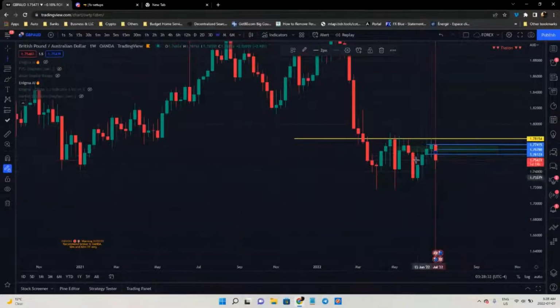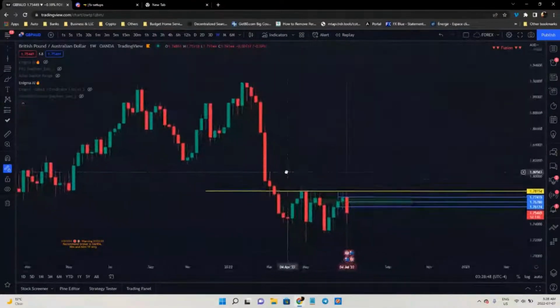But when you know market structure and the actual patterns overall, you would understand that this is not an optimal trade to take.